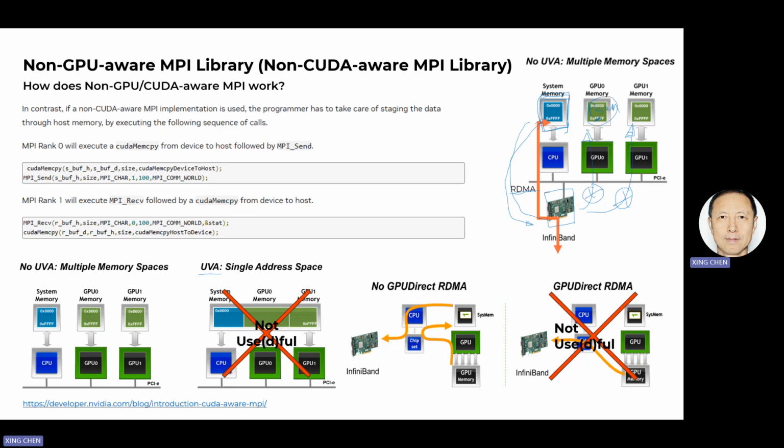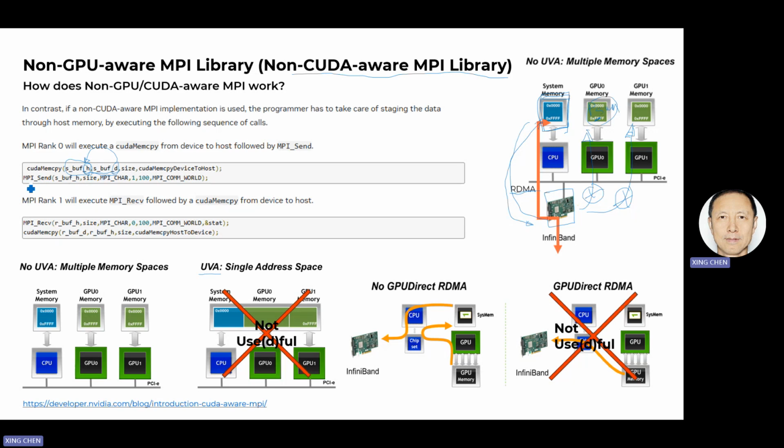So this is the traditional MPI library, a non-GPU-aware library, or you can call it a non-CUDA-aware MPI library. For this kind of library, to send data that is in the GPU memory, first you have to copy the data from the device memory to the host.